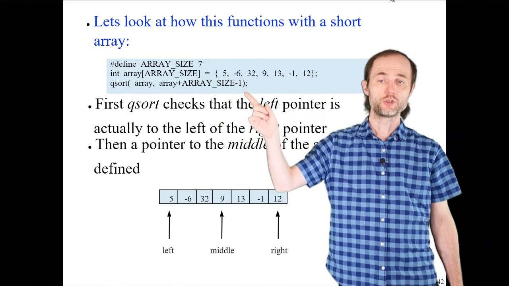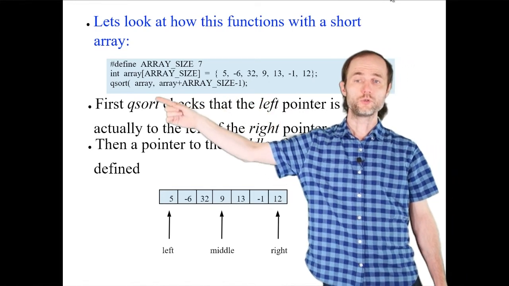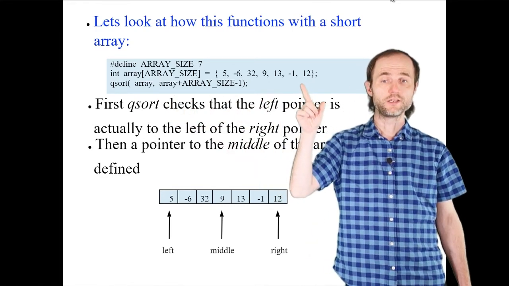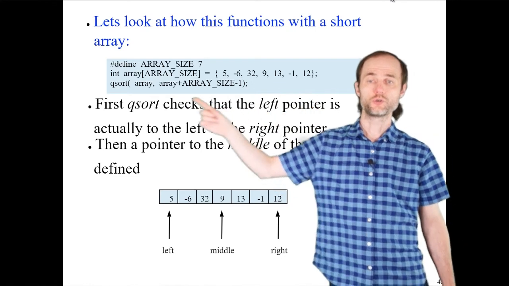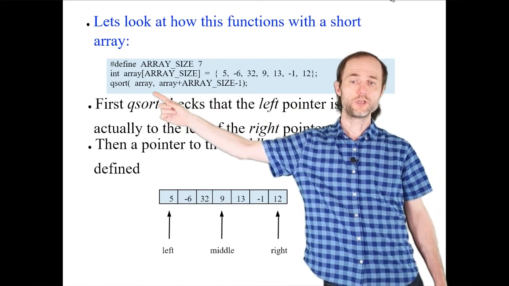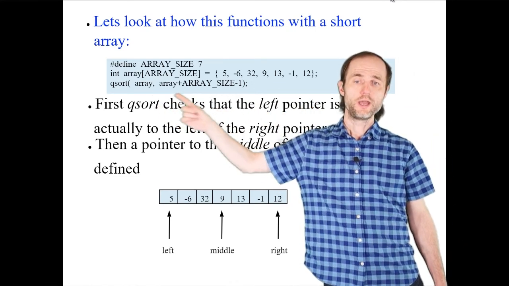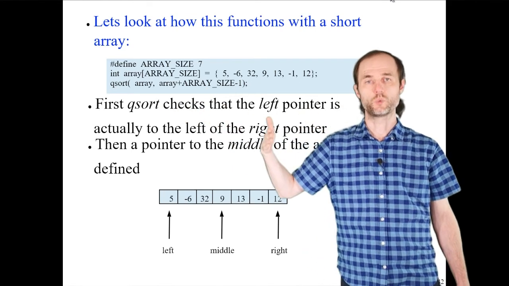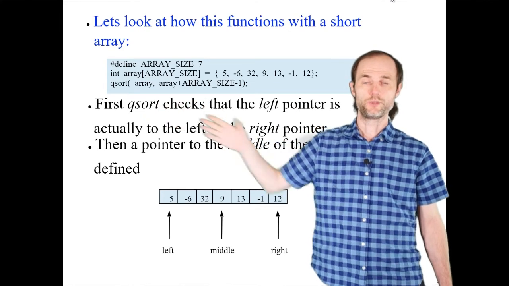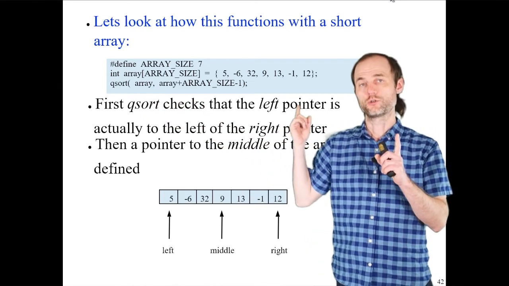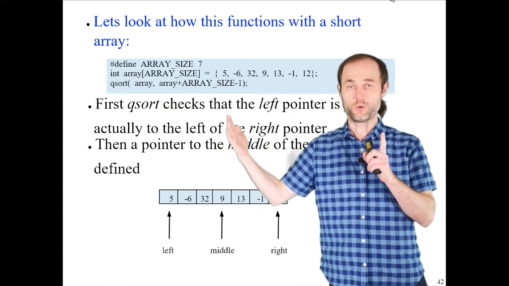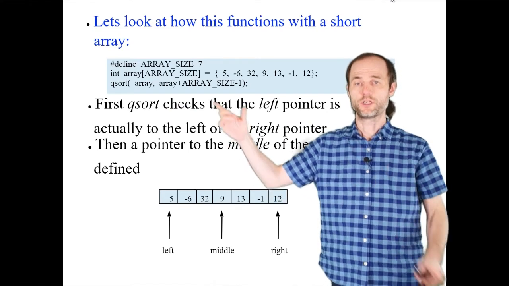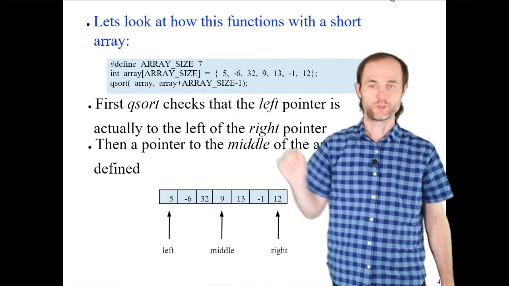And we're going to call QSort and give the pointer to the first element of this array, which is array itself, and to the last element of the array, which is array plus the number of elements minus 1. So that will be precisely the pointers to the very first element with index 0 and the very last element with the index array size minus 1.